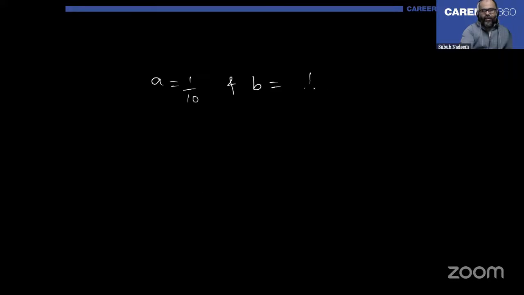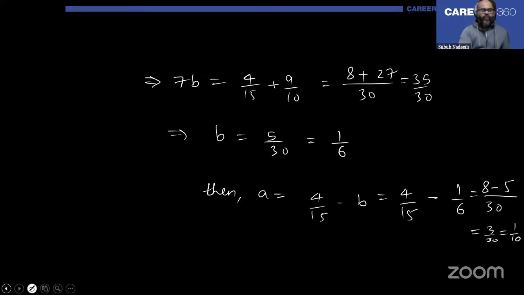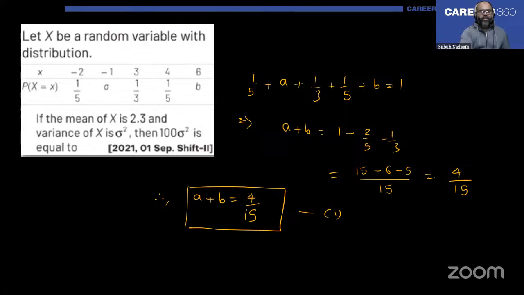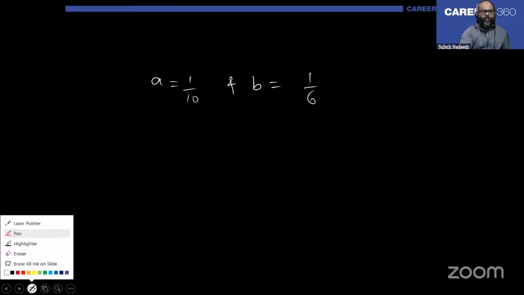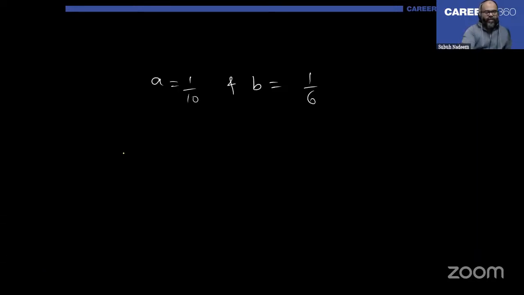Right? Now what we have to find is sigma square, that is variance. And then we have to multiply it by 100. So what is the formula for variance? If you remember, variance here will become sigma pi xi square minus sigma pi xi whole square.